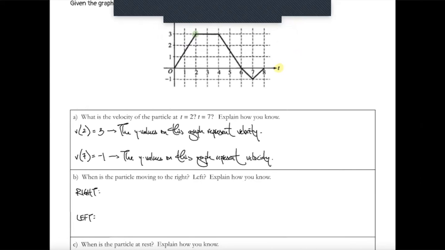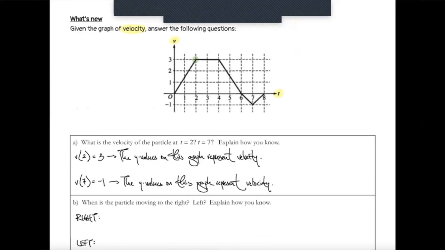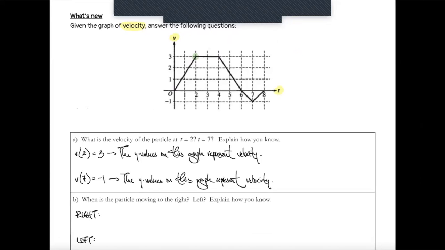Before we give answers, can someone describe to me, in general, how do we know when a particle is moving to the right?